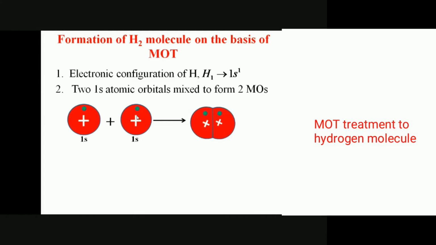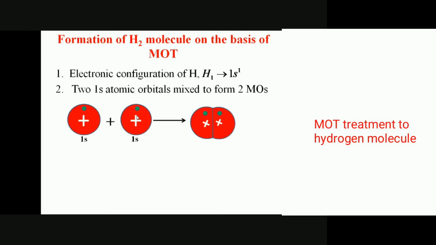Now, as we can see here, since the atomic orbital is having more electron density, when they combine to form a molecular orbital, they will have a proper maximum electron cloud in the molecular orbital.